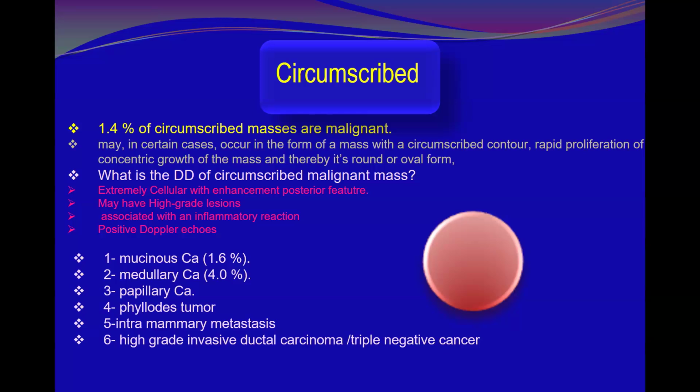They are usually positive on Doppler scanning. As you mentioned, these include mucinous, medullary, papillary, phyllodes (you forgot phyllodes), intramammary metastasis, and high-grade invasive ductal cancer.